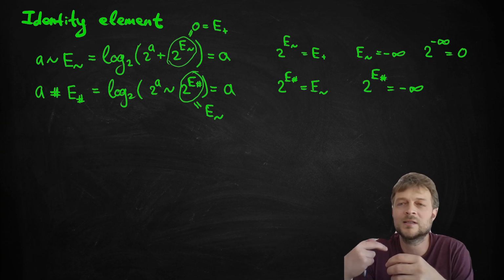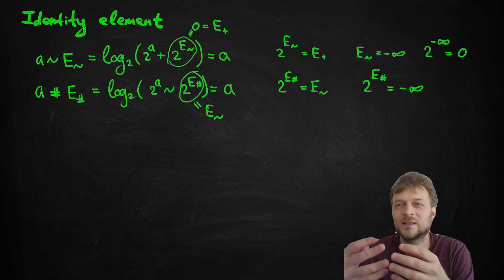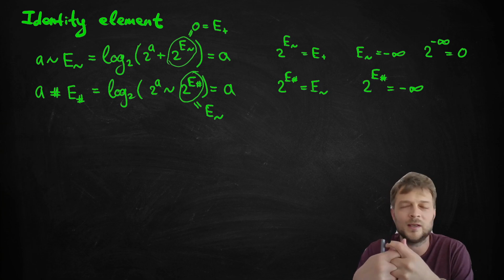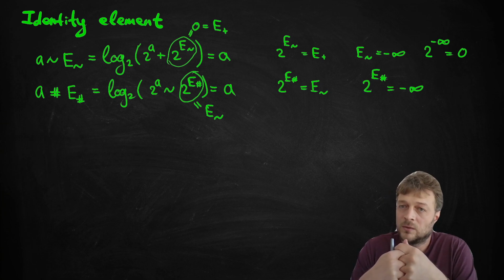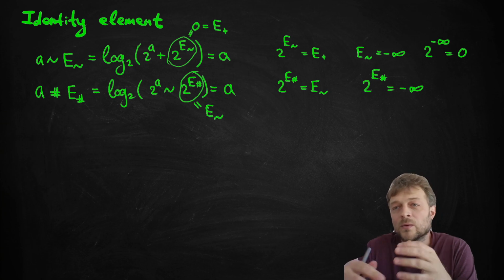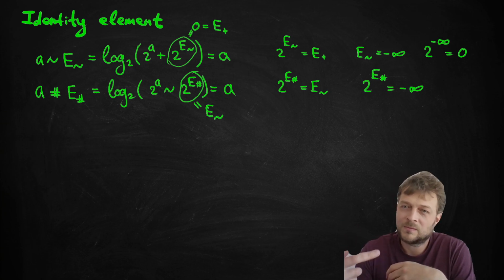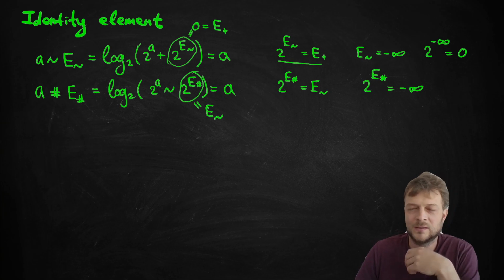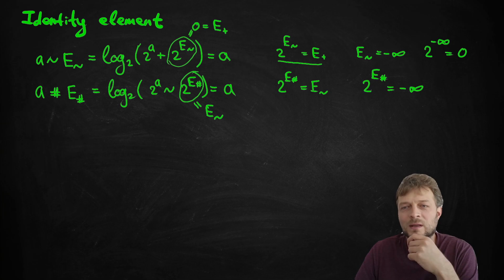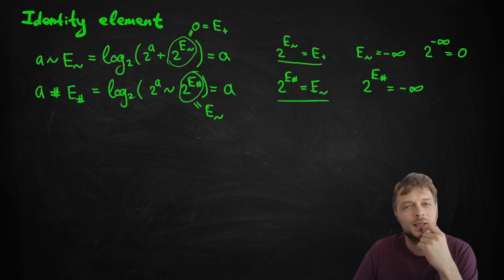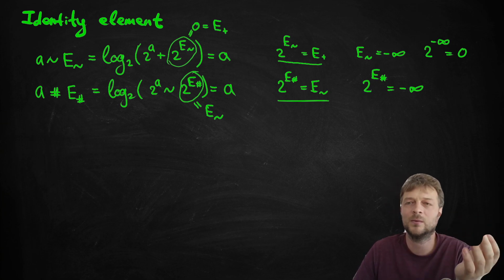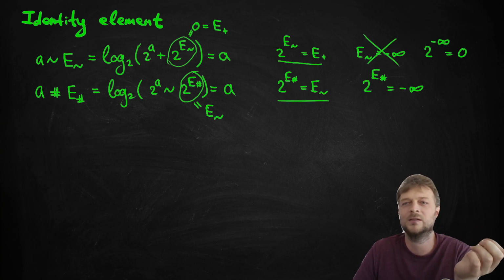It is an extension of a basic set of numbers, maybe natural numbers, for example. But here, the only property that we use for this minus infinity is this one. The only property that we need from E sharp is this one. So we can extend our system of algebras.